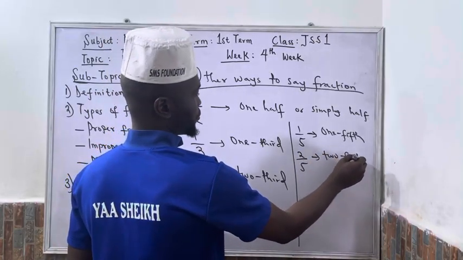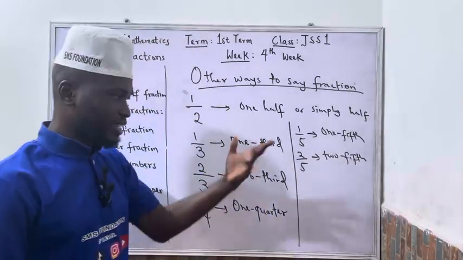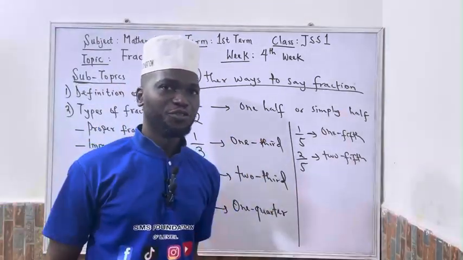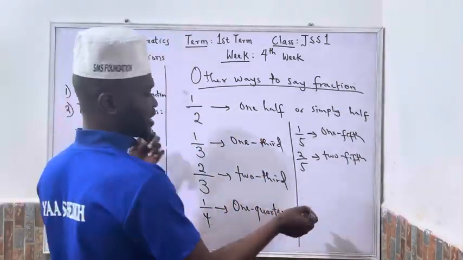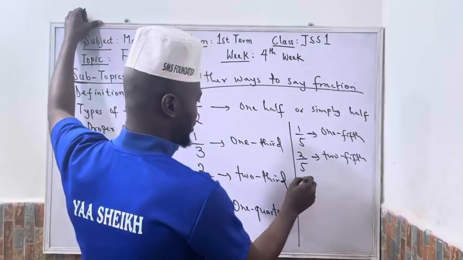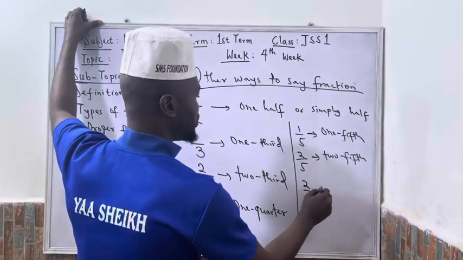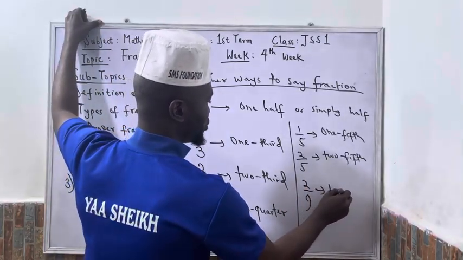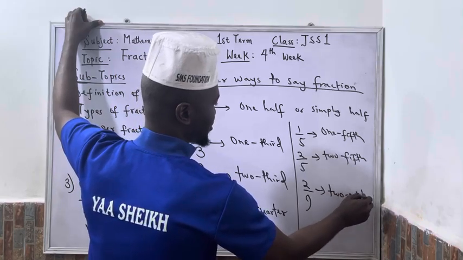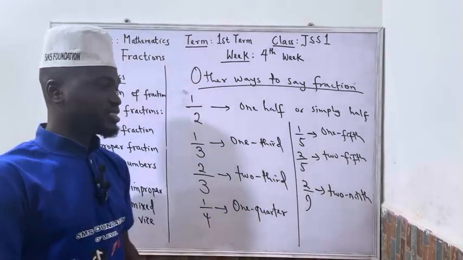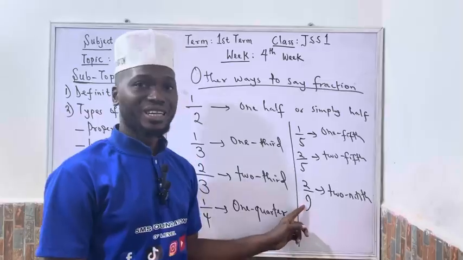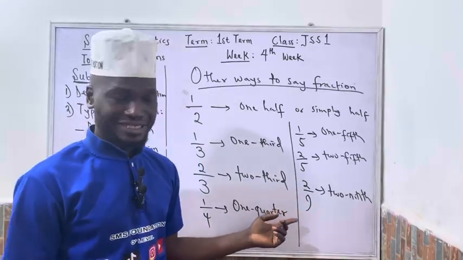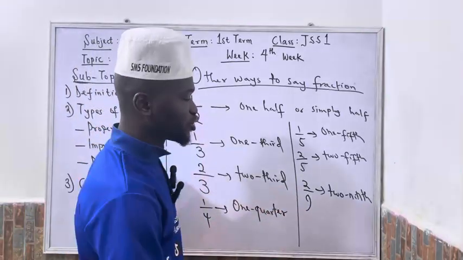It can go like that: 3/5, 4/5, and so on. Then if I have something like 2 over 9, this will be pronounced as 2/9. Sometimes when the teacher is teaching, they may not say 2 over 9. They just say 2/9.